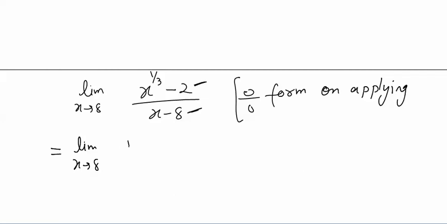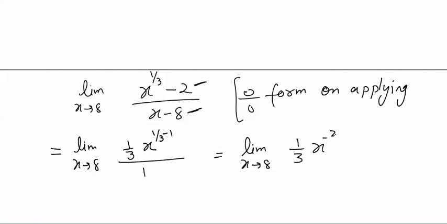If you differentiate the numerator, it will become 1 by 3 x to the power 1 by 3 minus 1, using n x to the power n minus 1, upon 1. So this will come out to be limit x tends to 8 of 1 by 3 x raised to minus 2 by 3.